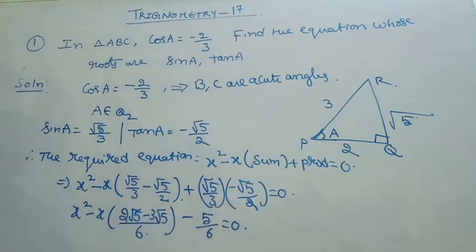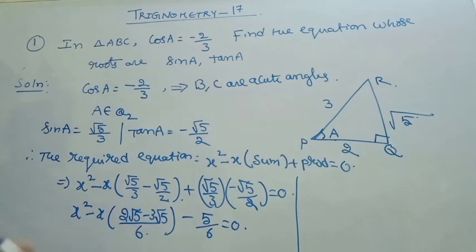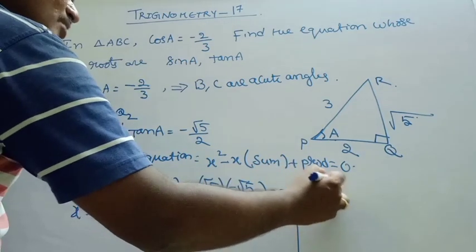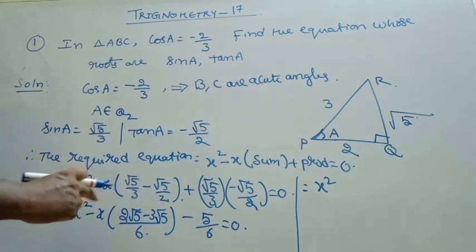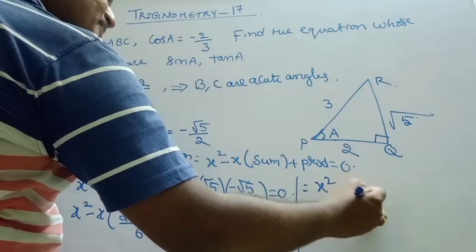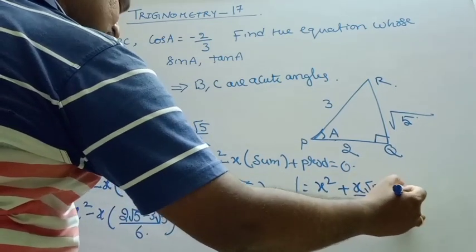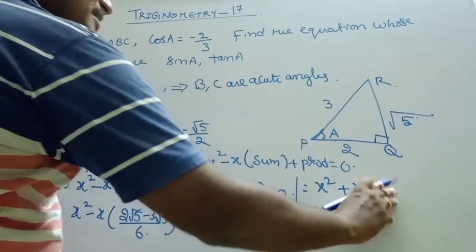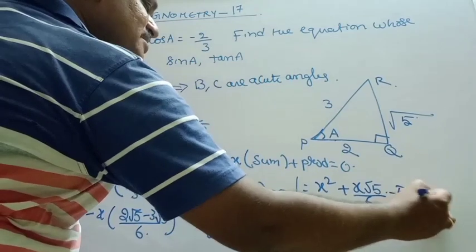Here we write x squared minus x into, 2 root 5 minus 3 root 5 is nothing but minus root 5, so minus into minus is plus, therefore plus x into root 5 by 6, minus 5 by 6 is equal to 0.